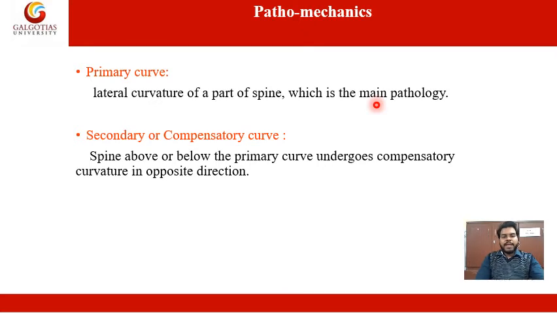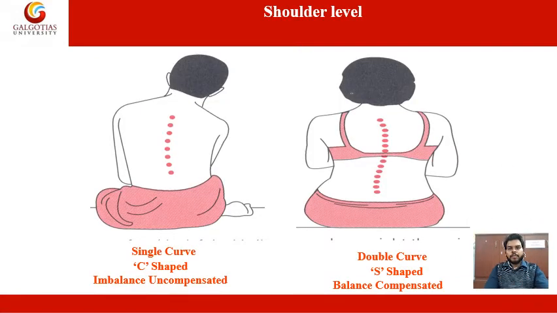There is a pathomechanics behind this. The primary curvature is the lateral curvature of the part of spine which is the main pathology. The secondary or compensatory curve: the spine above or below the primary curve undergoes compensatory curvature in the opposite direction. So from behind, from the posterior, you can see there is a single curve that is C-shaped, imbalance uncompensated, and a double curve that is S-shaped, balance compensated.